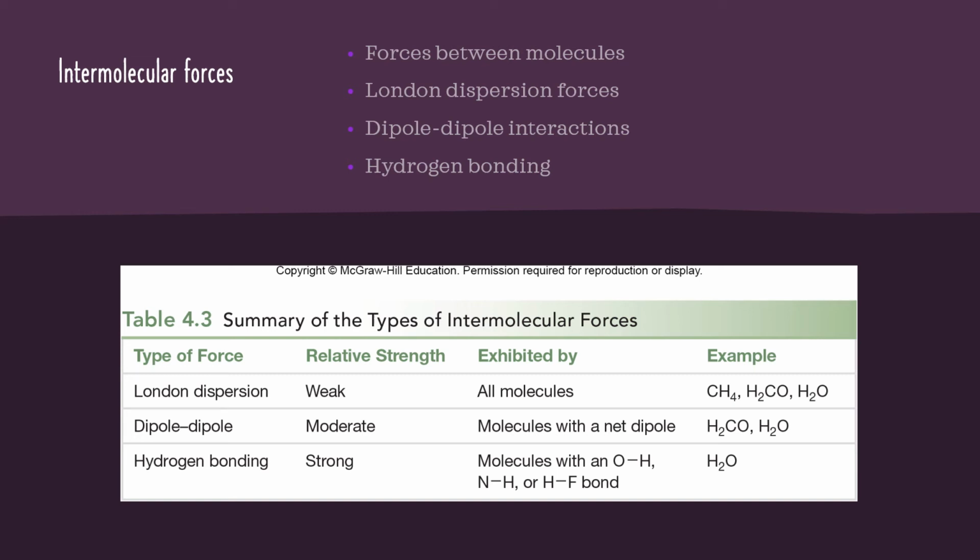So you have to have a hydrogen and then one of those other three elements bonded to the hydrogen to create a hydrogen bond. Okay, we see this in water. It's an important force that is occurring in water and what gives water a lot of its special characteristics.